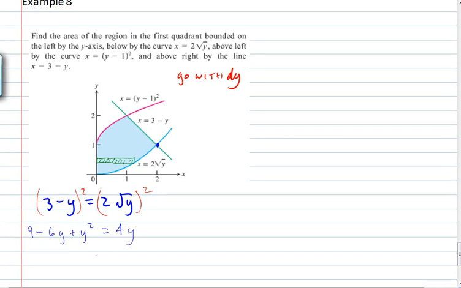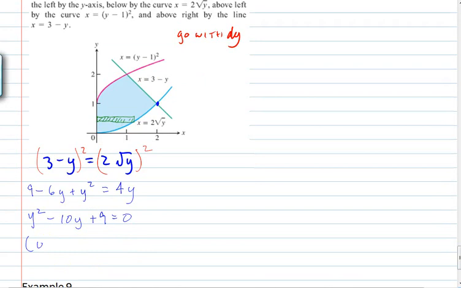What type of equation is this? Quadratic. So when we solve this quadratic equation, we end up with (y minus 1)(y minus 9), because that'll factor. So guess what y is equal to here? 1.